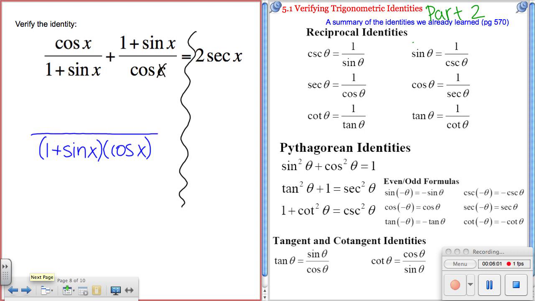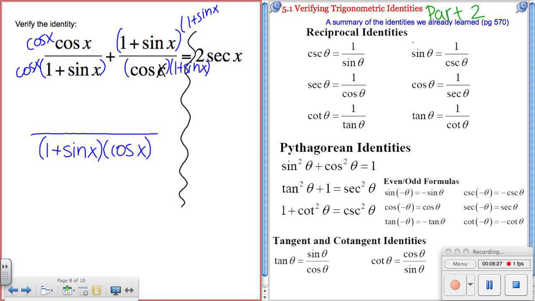So I'm going to go back to the top and see what I'm missing. The first fraction is missing a cosine x in the bottom. So I'm going to put another cosine x in the top as well. The second fraction is missing the 1 plus sine x in the bottom. So I'm going to have to put a 1 plus sine x in the top as well.